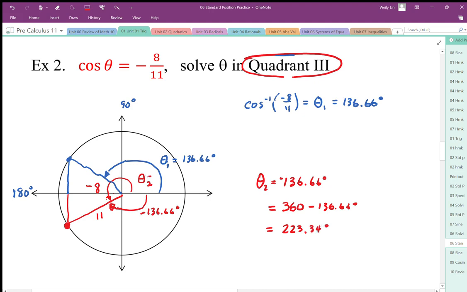So this theta 2 we measured in the positive direction is 223.34 degrees. And again, these two angles here are the exact same angle. They're the exact same position, although they're just coterminal, meaning that they find the same location going different directions.